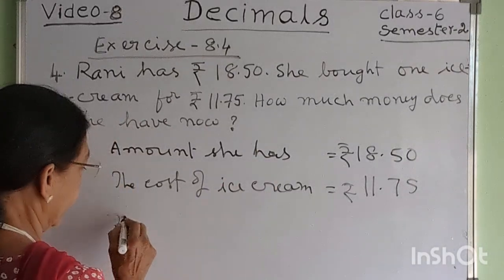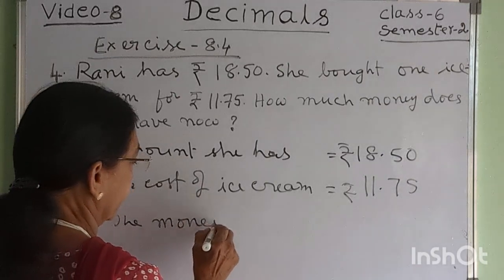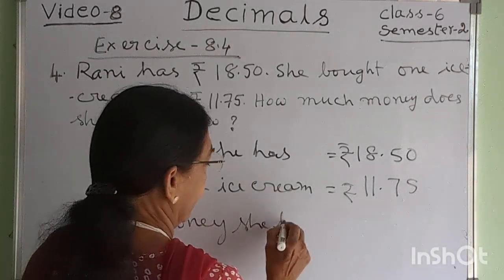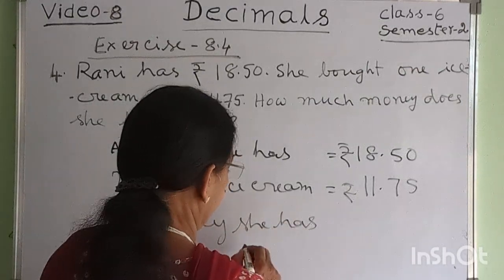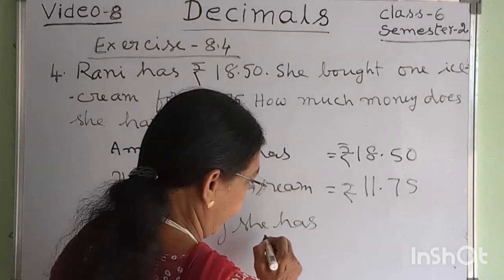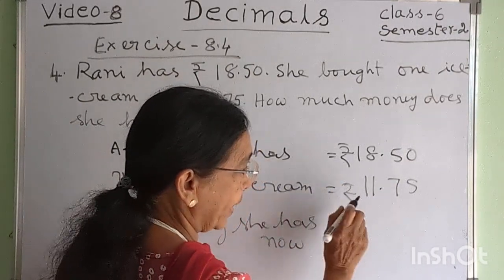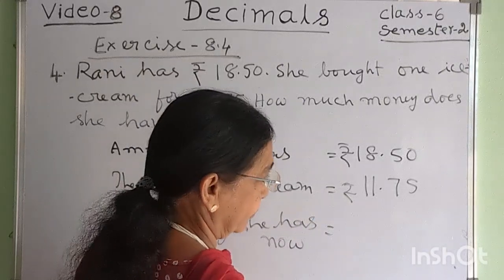So the money she has left after purchasing the ice cream is equal to rupees 18.50 minus rupees 11.75.